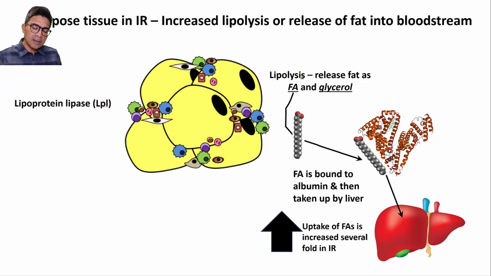In other words, the fat cells are dumping fat into our circulation when it is not needed. So these fatty acids are then picked up in the circulation by albumin. This complex goes to the liver, and there is an increased uptake of fatty acids because of lipolysis in the liver.